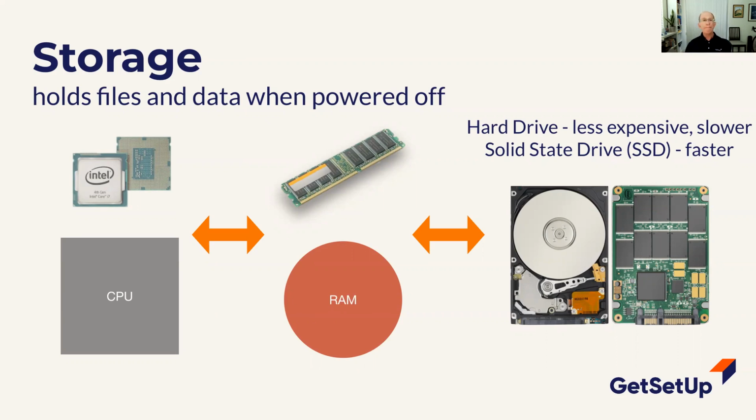Now, when you power on your computer and press the power button, there's a little circuit that goes out to the storage drive and says, hey, Bob wants to turn on his computer, get the operating system and put it into RAM so I can load up Windows or Mac or Android or iOS or whatever I'm running.